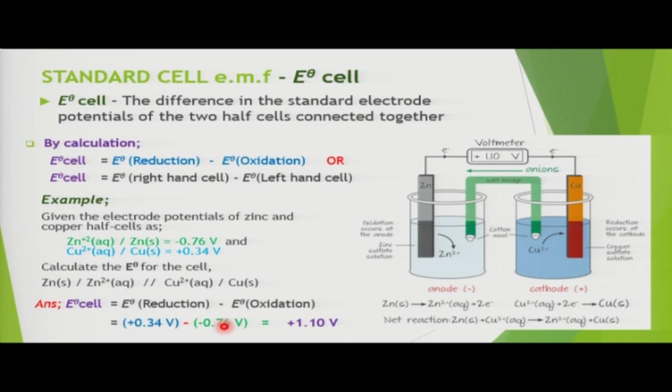But the actual reaction is not zinc gaining electrons, but zinc losing. So we have to reverse this value to ensure that the reaction exactly happening is losing, not gaining. That's why this minus is there, to reverse the oxidation side. And you get your potential value.